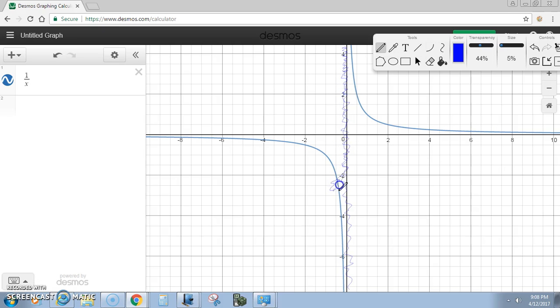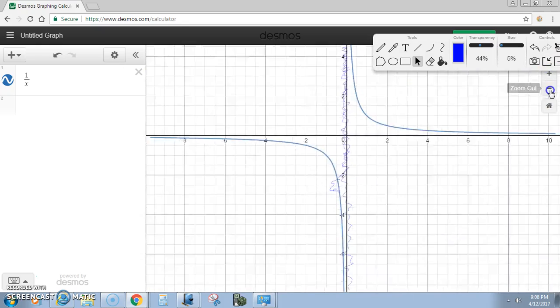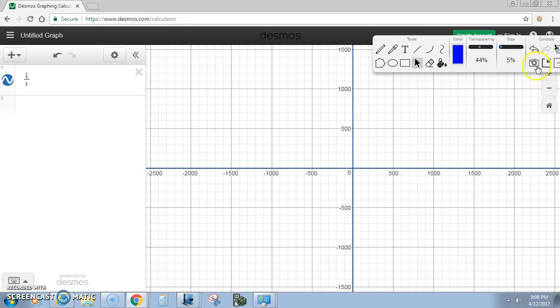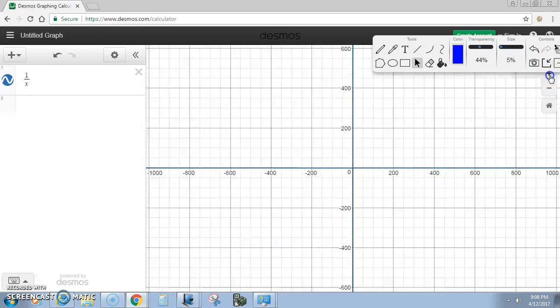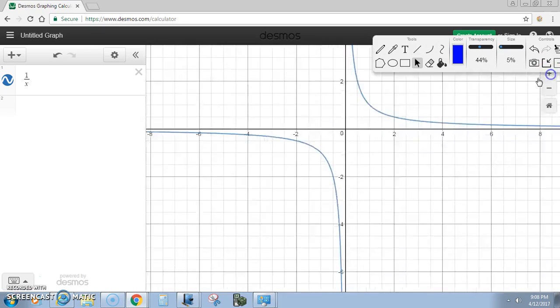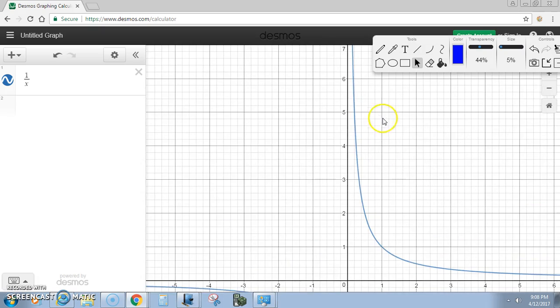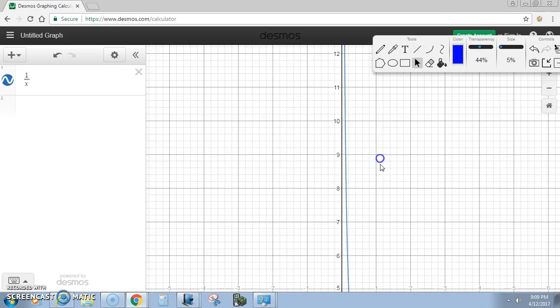If you look at this, the graph will never exist where x is equal to 0, which is that y-axis, but it's going to get super duper close to it. So watch, if I move it, look, it's going to get close to that axis.